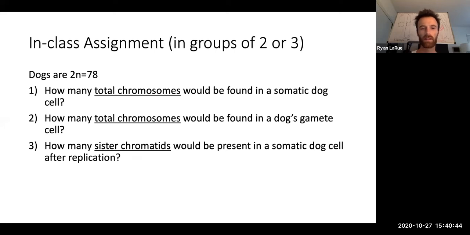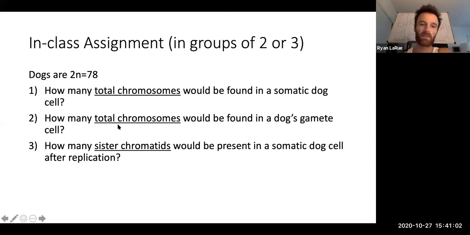Don't overthink it. It's the total number of chromosomes. Remember, somatic dog cells are diploid. They have 2 sets.